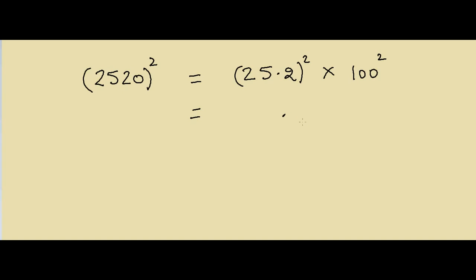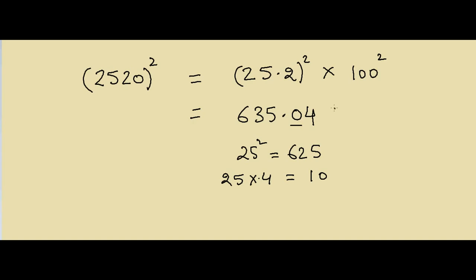So I'll have to say this 4, and then 25 square, that was 625, and then I have to do 25 into 0.4, that was 10, so it was 635.04 multiplied by 100 square. So in that case, the answer will be equal to 635.0400. So that's how I will calculate 2,520 square using this method.